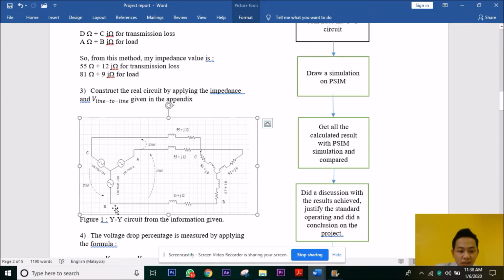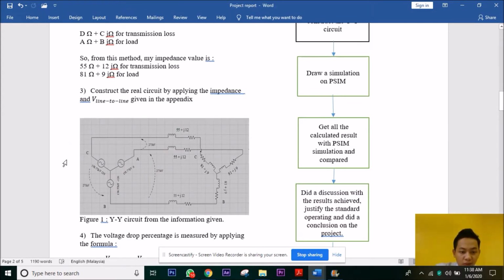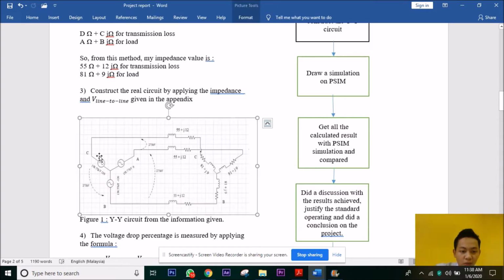So this is my circuit that I drew in eDraw. From the question, it says that it is Y to Y connected. From my metric number, this is my impedance value at the line, 55 plus j12, and 81 plus j9 at the load.